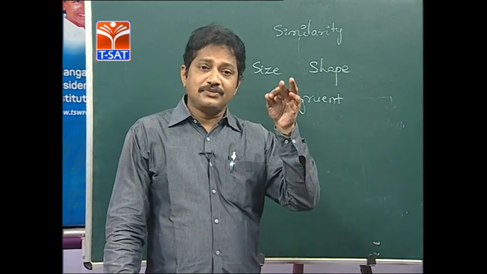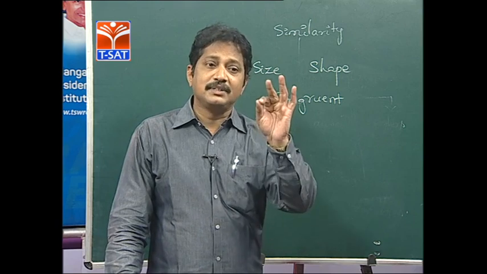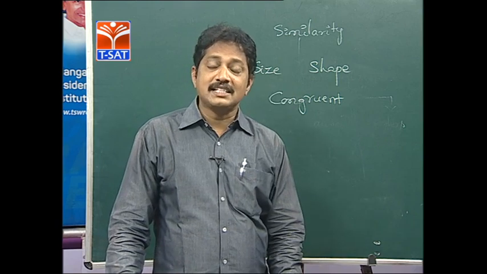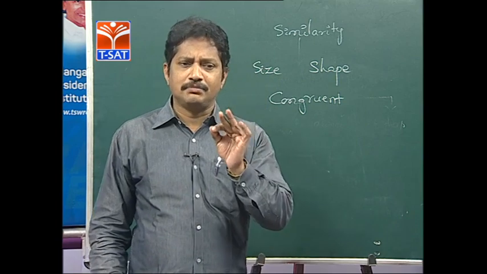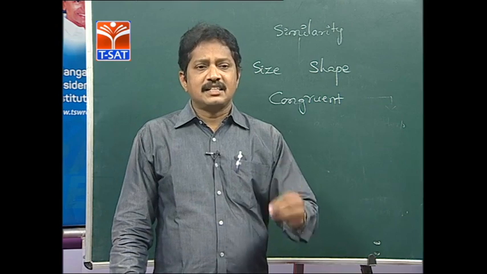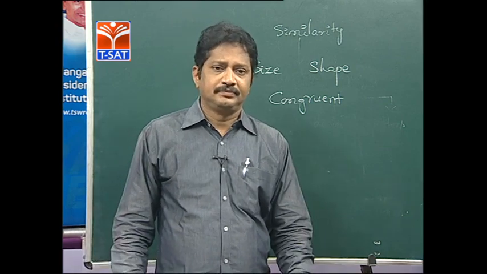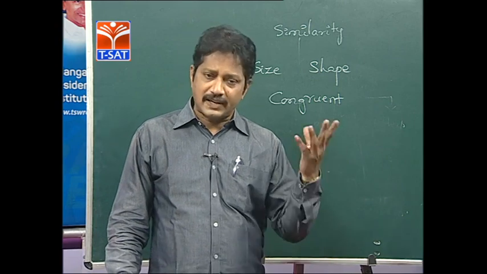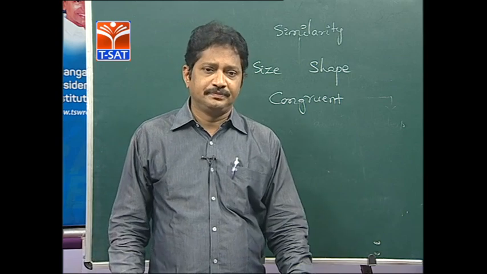All congruent figures are similar figures, but all similar figures need not be congruent. This is most important. For example, circles of different radii are similar: a 2 centimeter radius circle, a 5 centimeter radius circle, an 8 centimeter radius circle, those are similar.